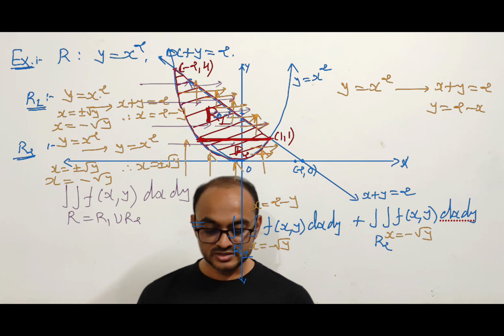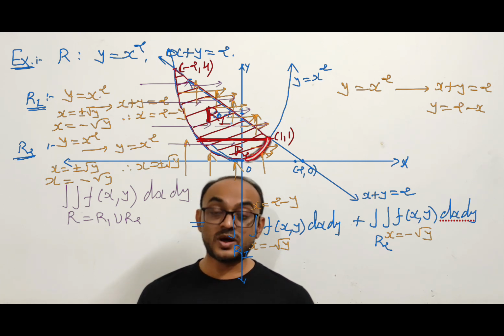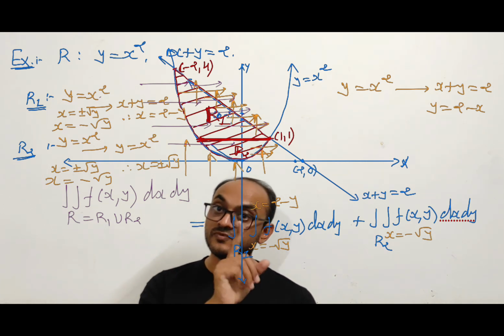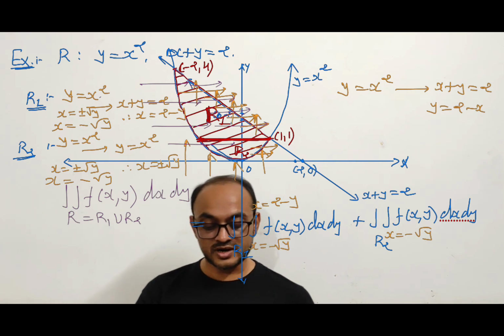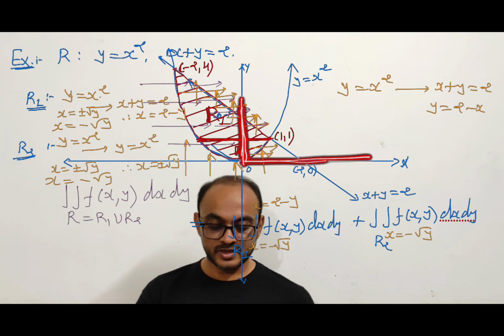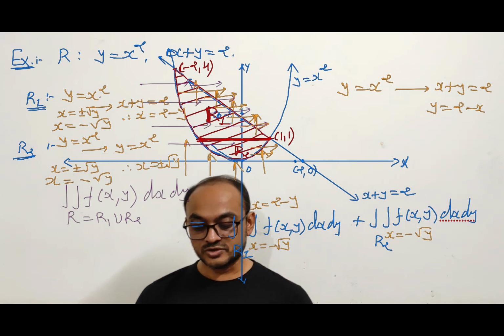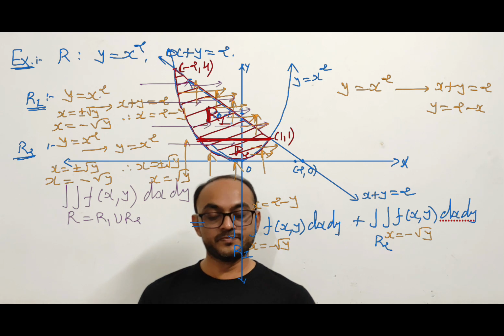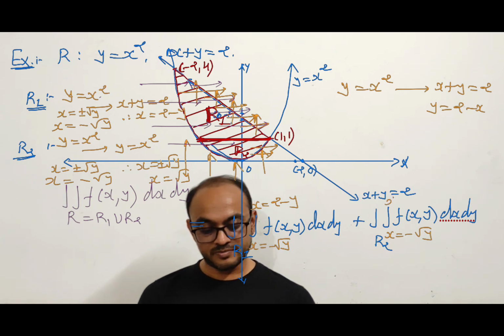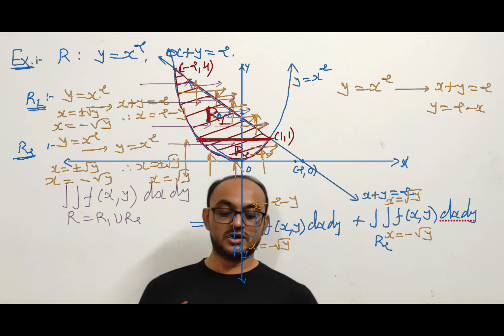Which quadrant does it lie in? This is the first quadrant. And in the first quadrant, x is positive, y is positive. So I choose the positive value. So here, the upper limit is x equal to under root y.